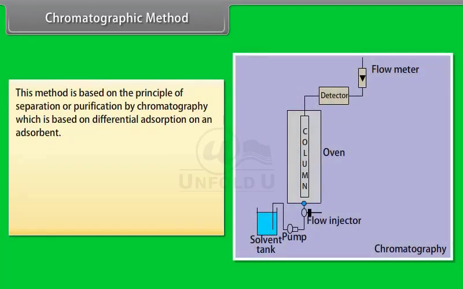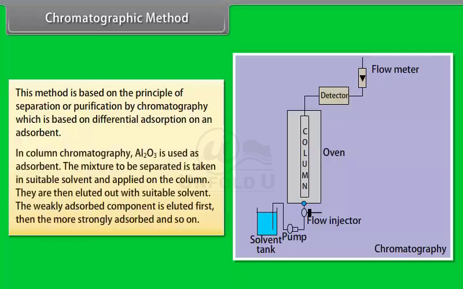Chromatographic method. This method is based on the principle of separation or purification by chromatography, which is based on differential adsorption on an adsorbent. In column chromatography, Al2O3 is used as adsorbent. The mixture to be separated is taken in a suitable solvent and applied on the column.